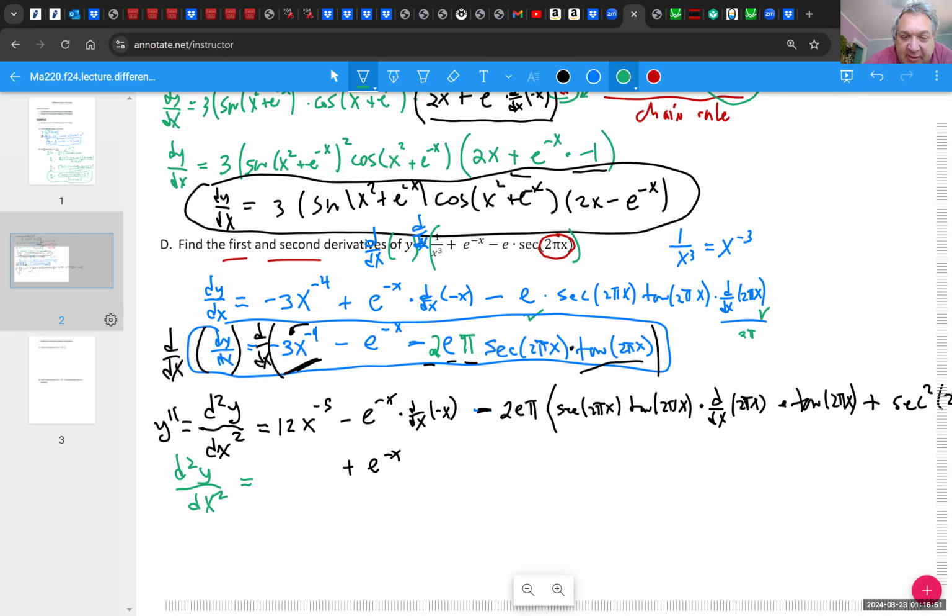So this thing right here is still the same, 12x to the minus 5. We already simplified this part because the derivative of minus x is minus 1. This is just a constant. Inside, we have the secant tangent thing. We have a derivative of 2 pi x, which is just 2 pi.